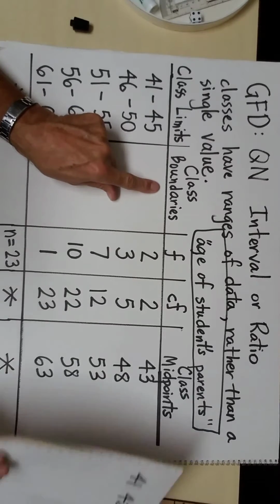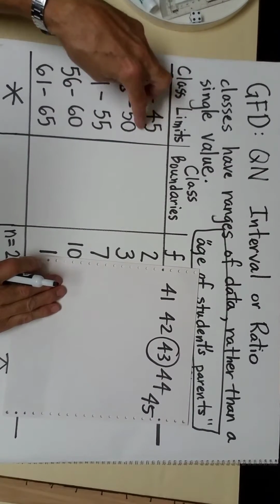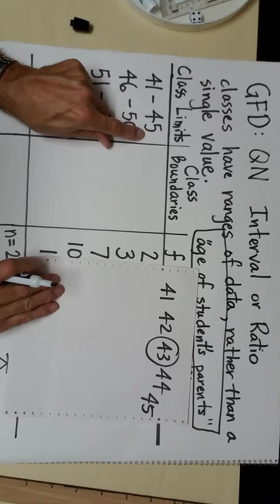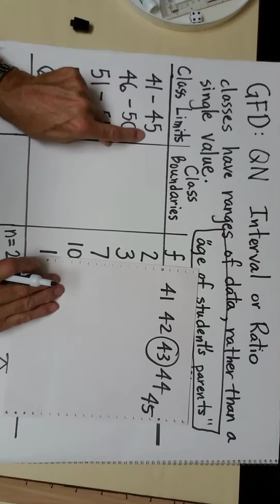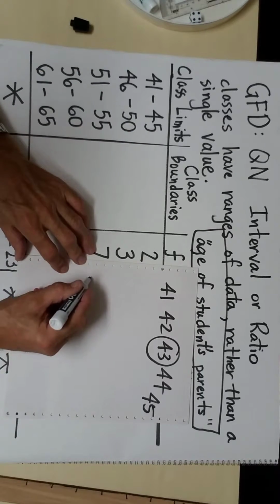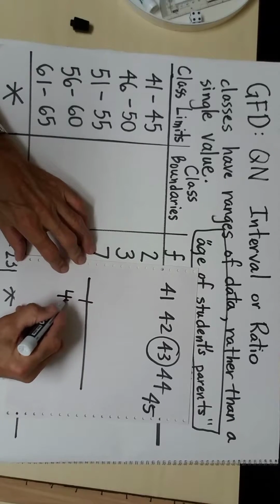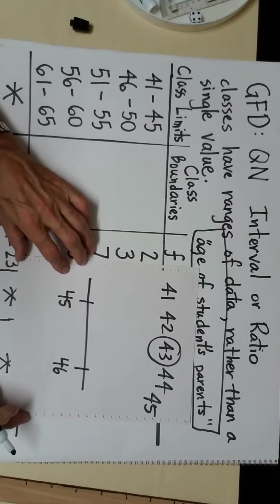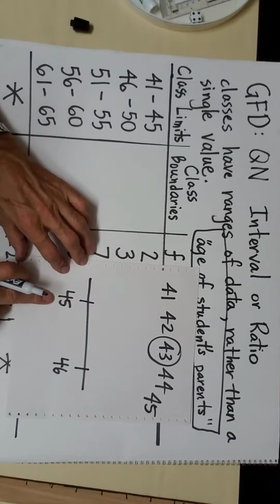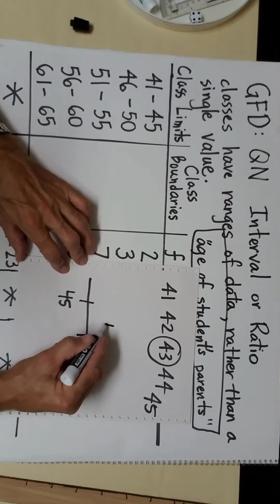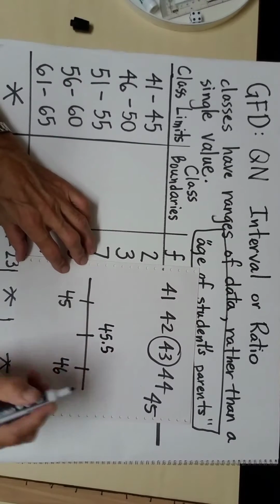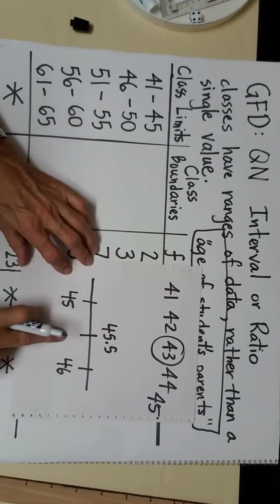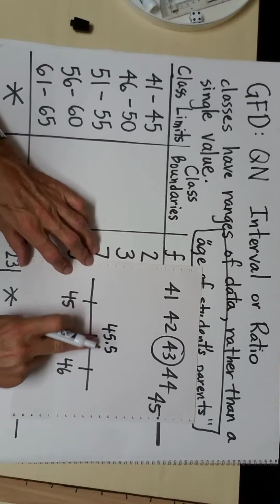To find class boundaries, we need to think about what's happening from 45 to 46. A person may be 45.42 years old. So on a number line, from 45 to 46, let's examine what happens here. Half of the way between 45 and 46 is 45.5. So the boundary line between 45 and 46 is 45.5.